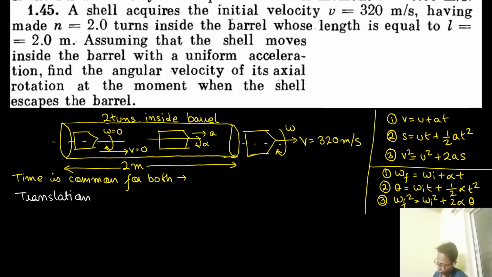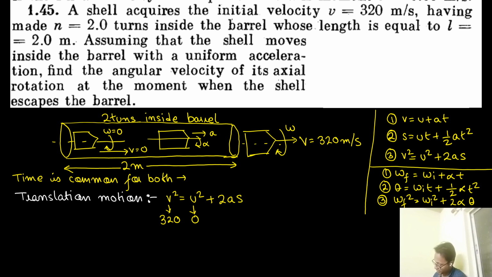Translation motion means straight line motion. So I'm using v square is equal to u square plus 2as. What is the final velocity? 320. What is the initial velocity? 0.